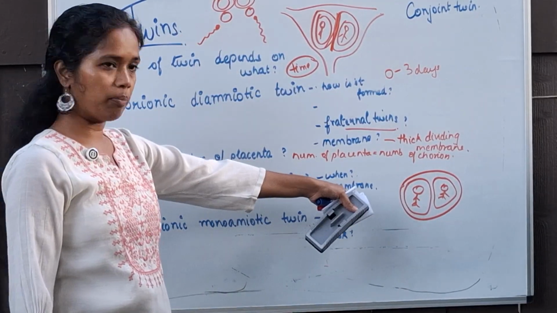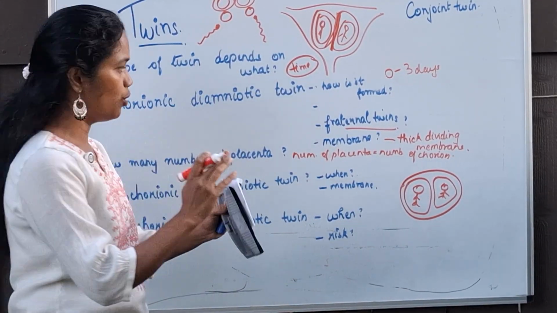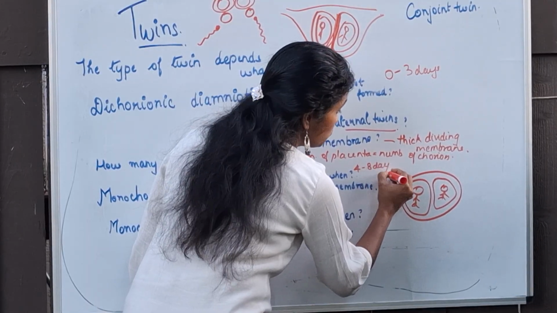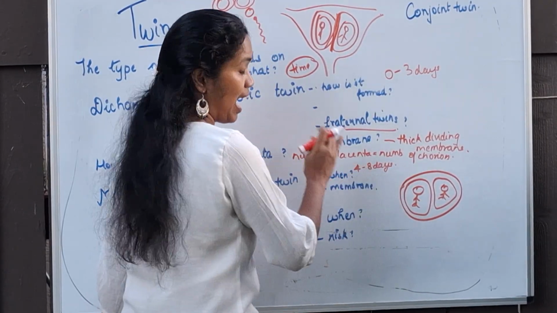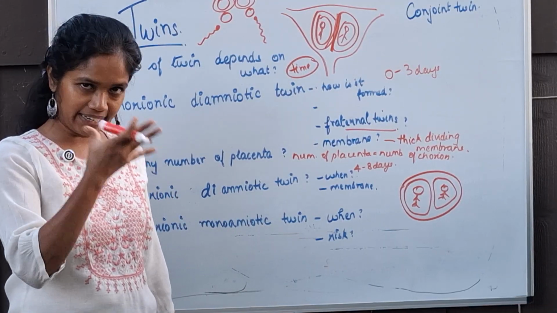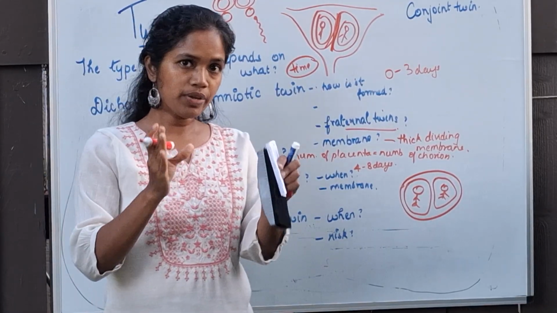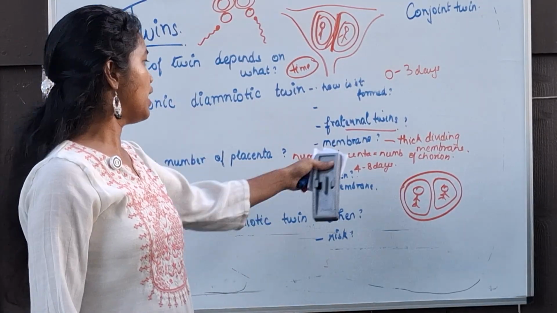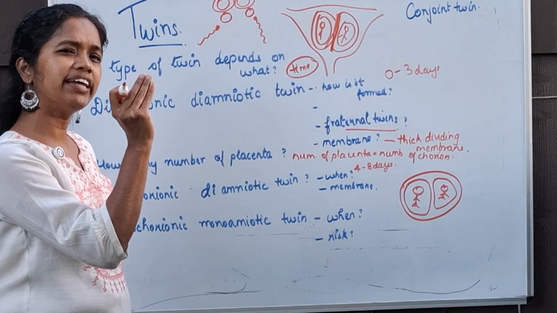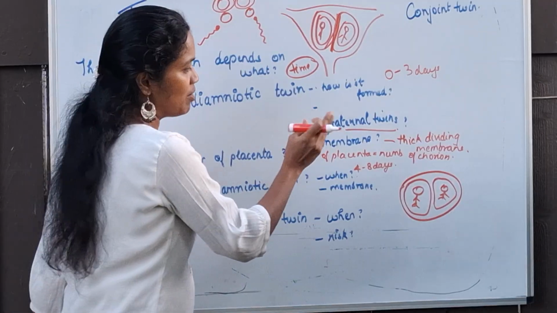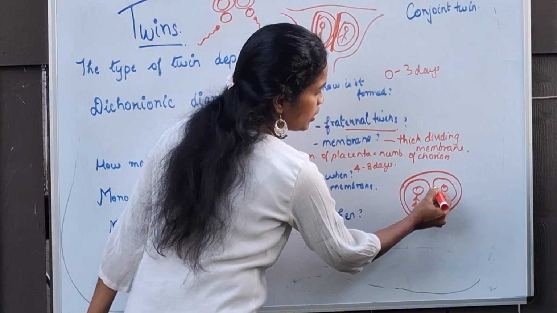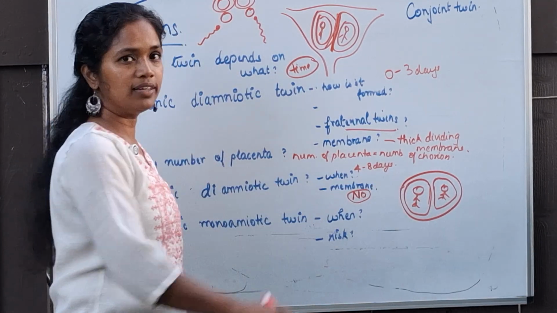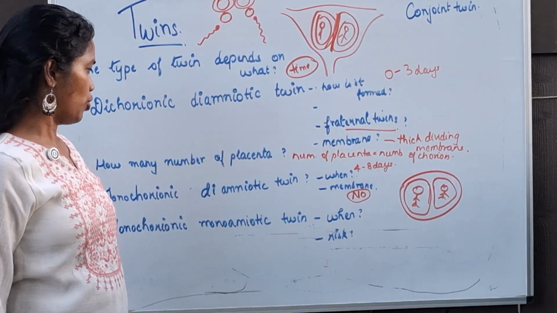For this to happen, a fully formed zygote splits at 4 to 8 days post fertilization, and it forms the monochorionic, diamniotic twin. Will there be a thick dividing membrane? No, the thick dividing membrane is not there, because there is only amnion present. So there is no thick dividing membrane in a monochorionic, diamniotic twin.